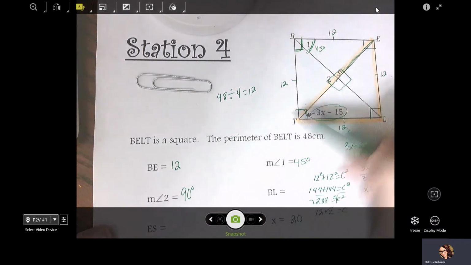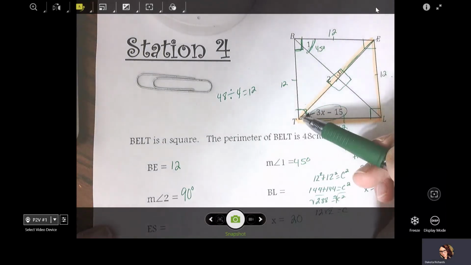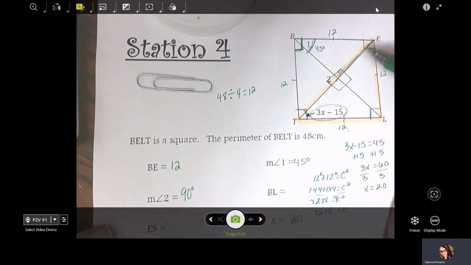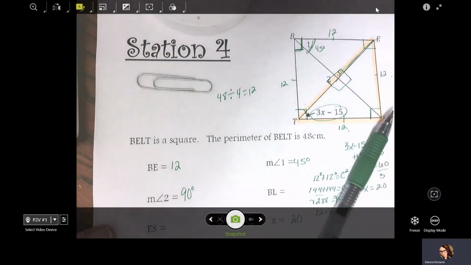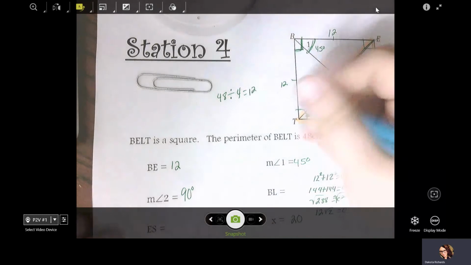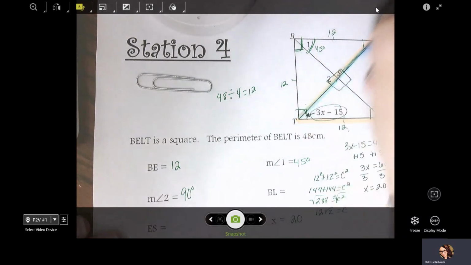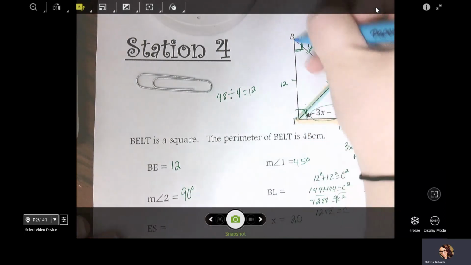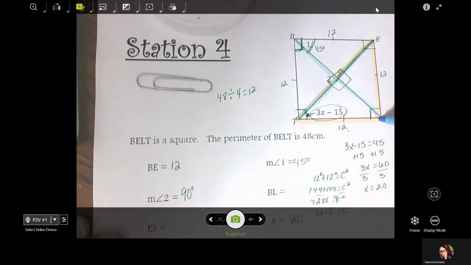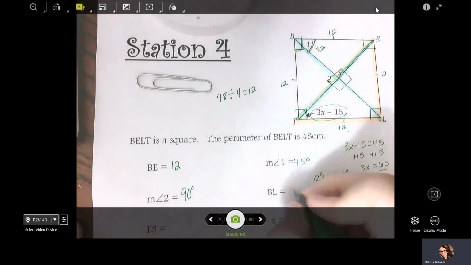So that entire diagonal is 12 square root of 2. So again, the diagonals are congruent. Let's do blue. So this line is congruent to this line. So if you know one of those is 12 square root 2, the other one has got to be the same. So we know that BL is 12 square root 2.